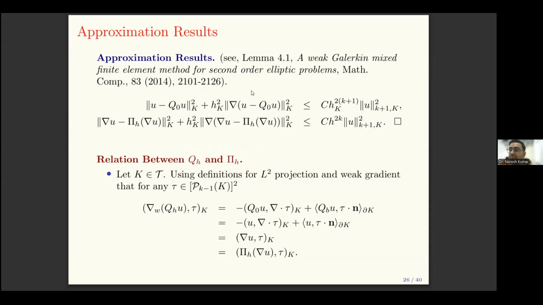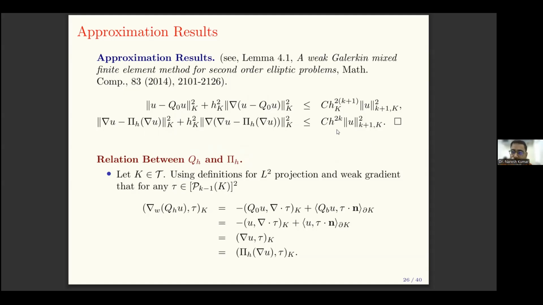Suppose u is in the Sobolev space H^{k+1}, under some regularity conditions. They derived that our L2 projections follow these approximation results, and these are very important. In L2 norm and in gradient norm, both are less than or equal to h to the power k+1. And for the pi_h projections, we also have approximation results.